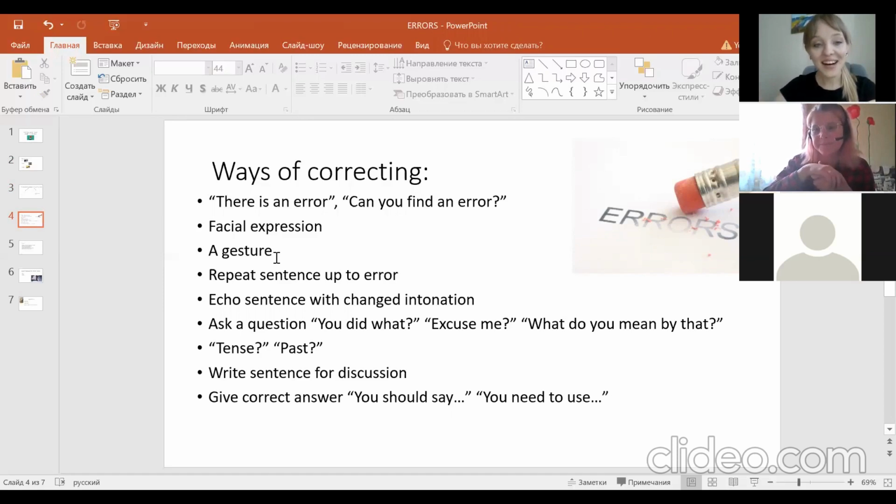Do you know any other gestures, or do you personally use gestures to correct mistakes? It's so natural sometimes, I don't notice it, I suppose.